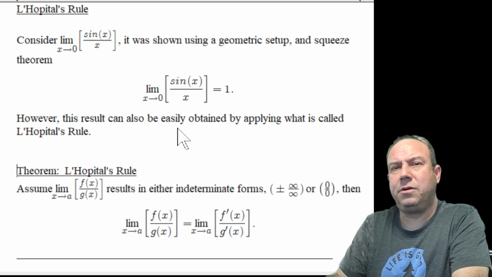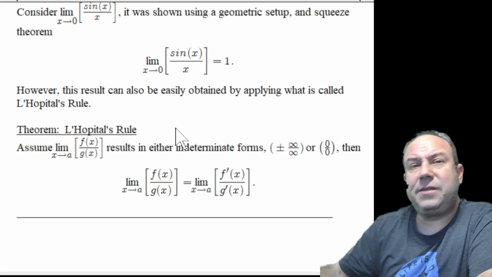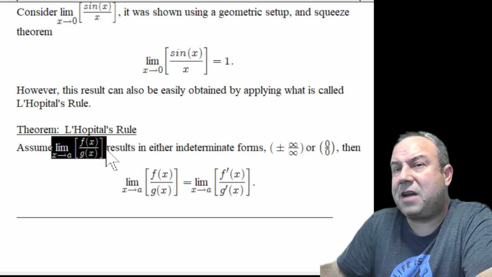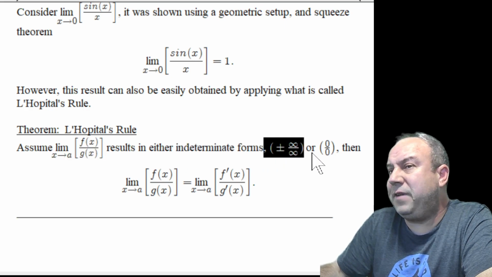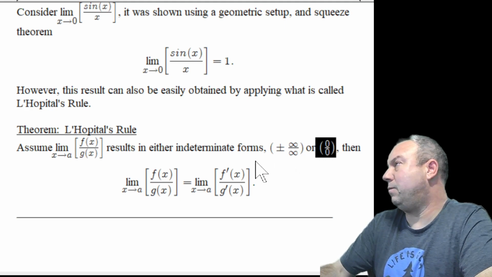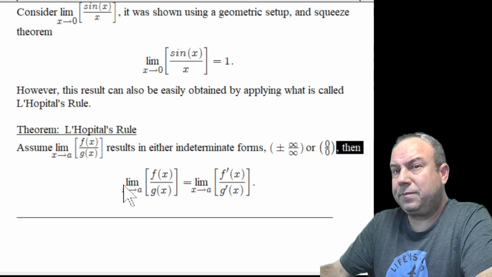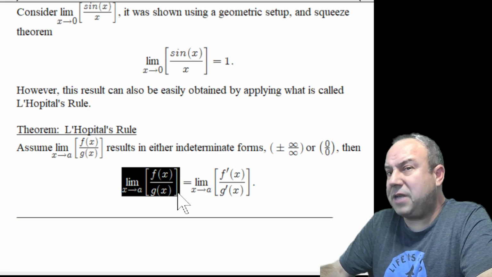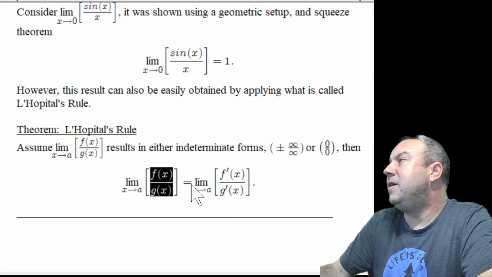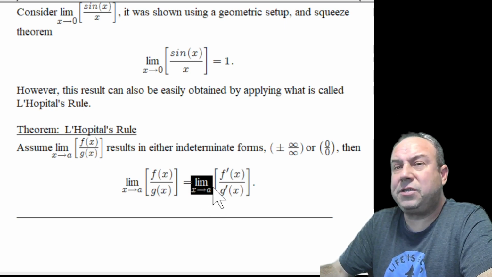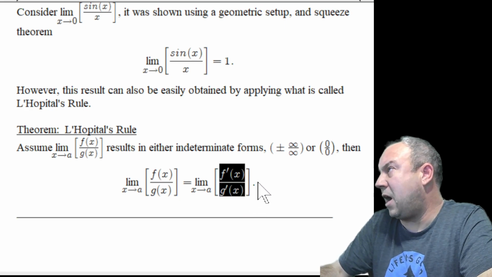Here's L'Hopital's rule. L'Hopital's rule says, let's assume as x approaches a, f of x divided by g of x results in either the indeterminate forms plus or minus infinity over infinity or 0 divided by 0. Then what is true is that the limit as x approaches a of f of x divided by g of x is equal to the limit as x approaches a of f prime of x divided by g prime of x.